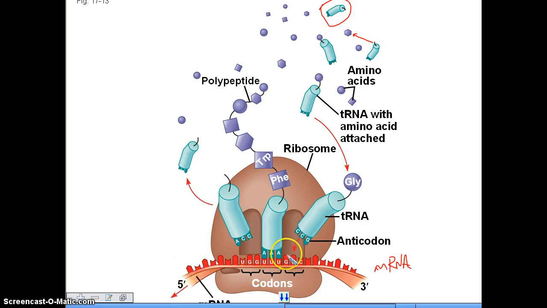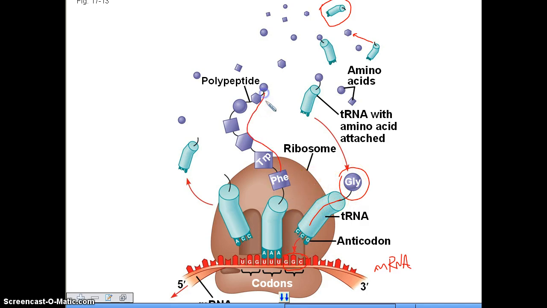That's why it's important that messenger RNA is single-stranded, so that it provides this opportunity for bonding with the anticodons on tRNA. So a particular codon is going to match up with a particular anticodon. And since tRNAs are specific in the amino acid they carry, it's going to impact the order of the amino acids.